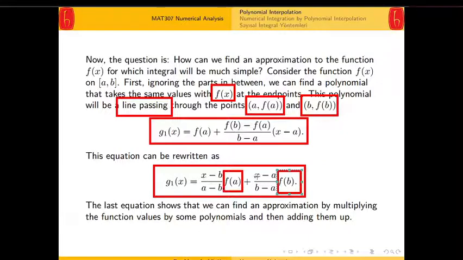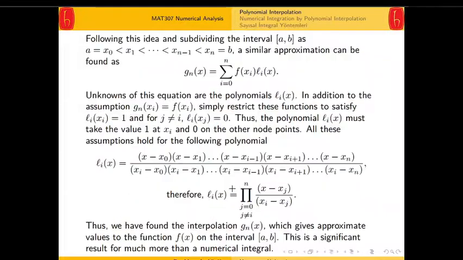So this is the first polynomial and this is the second polynomial. The last equation shows that we can find an approximation by multiplying the function values by some polynomials and then adding up.